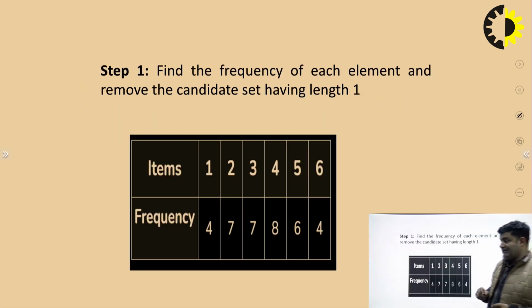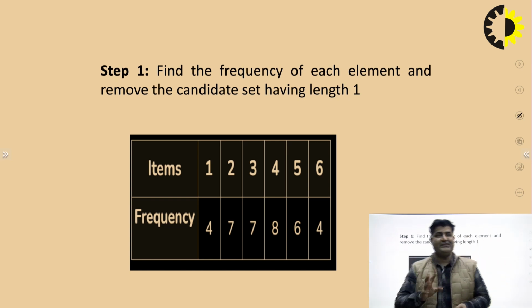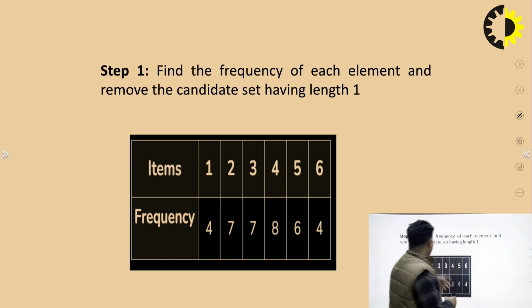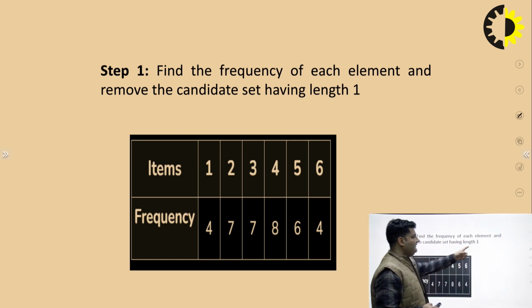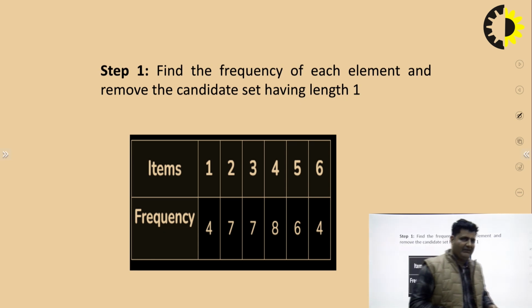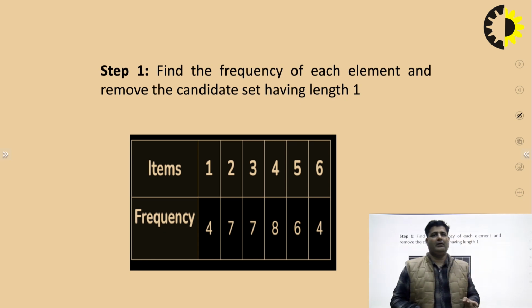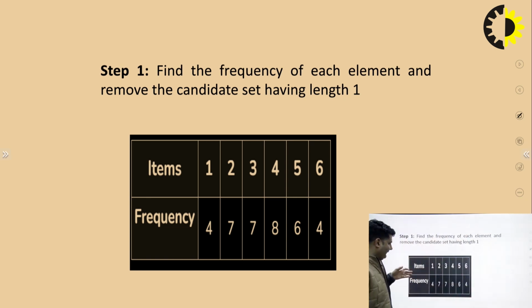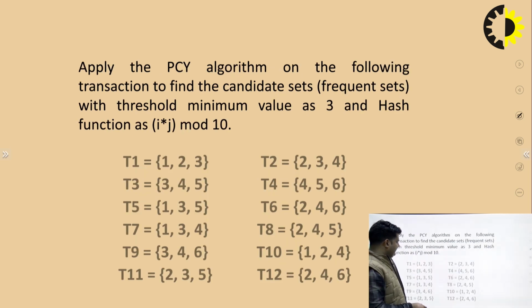Now the first step: we first find out the frequency of each element, and we remove the elements that have a count of less than 1, meaning those items purchased by only one customer. As we see here, we have items 1, 2, 3, 4, 5 and so on, and we have to find out how many times each item is sold.